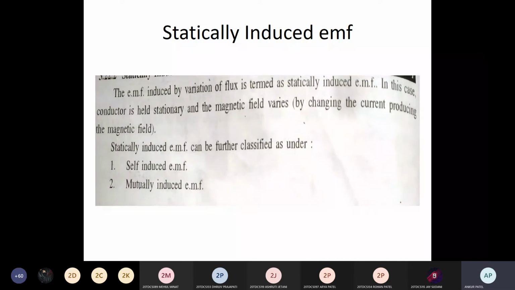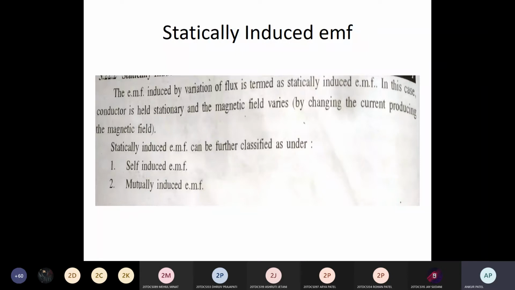The EMF induced by variation of flux linking with the stationary conductor is called the statically induced EMF. Statically induced EMF is further classified into self-induced EMF and mutually induced EMF. So we'll see self-induced EMF.